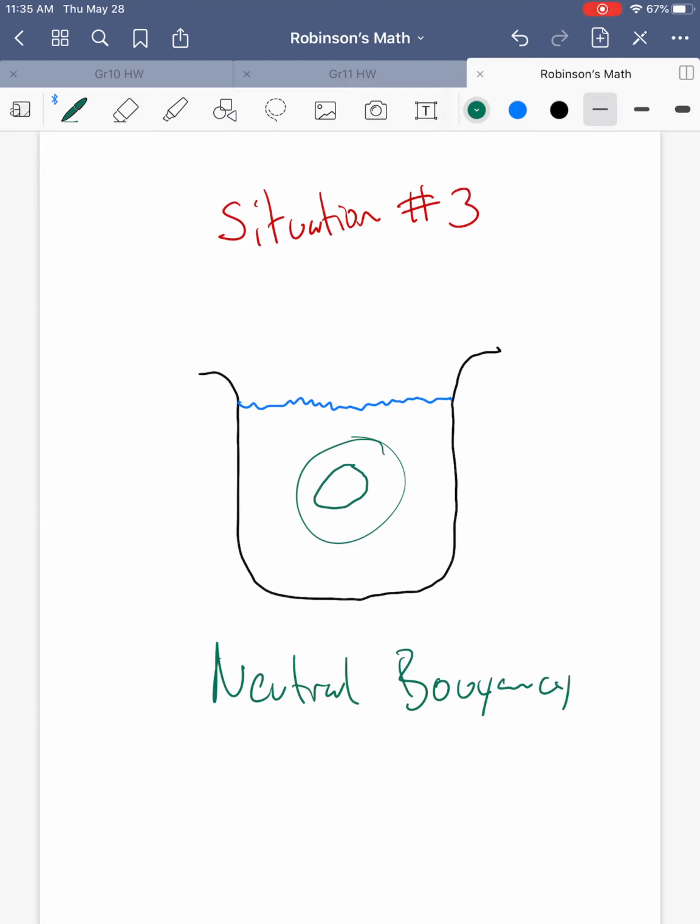It's neither sinking nor is it floating. An example of how this is sometimes used is, if you ever are scuba diving, the goal is to achieve neutral buoyancy, so that you can just be suspended in the water.